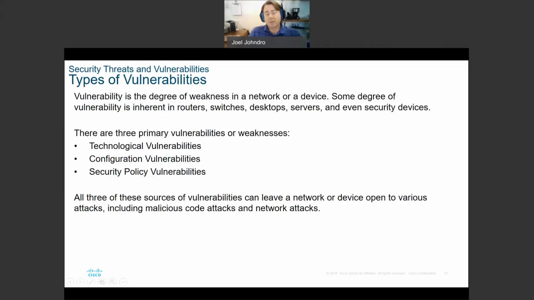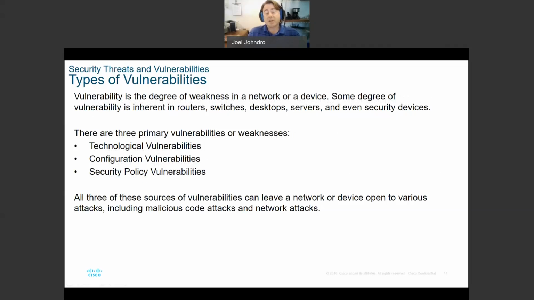A vulnerability is a weakness in a network or a device on the network. There are 3 different types, basically. One is a technological vulnerability. Think of anyone who uses a protocol with weaknesses, such as HTTP or FTP; that would be considered a protocol weakness, and that's a technological vulnerability.